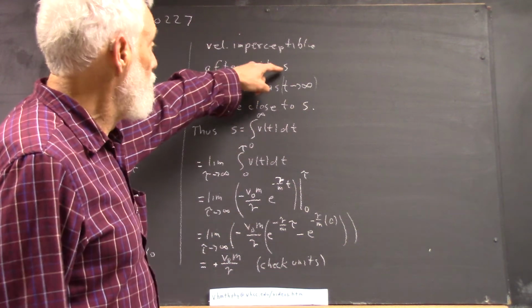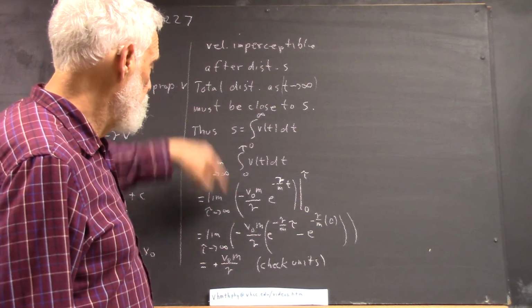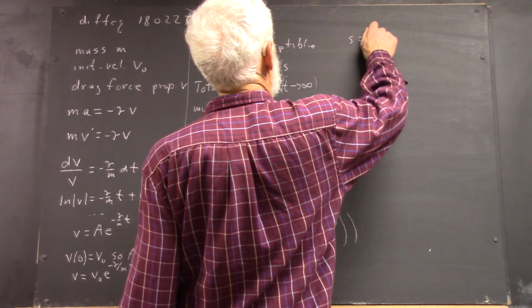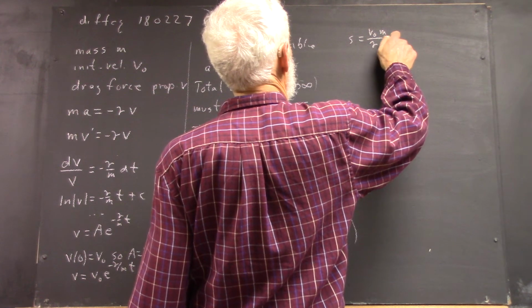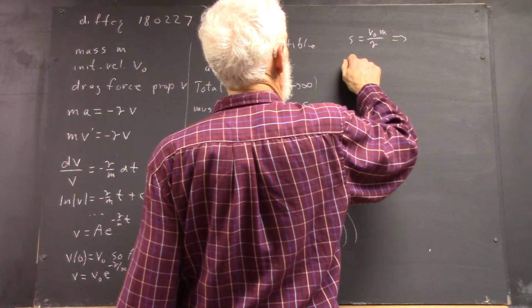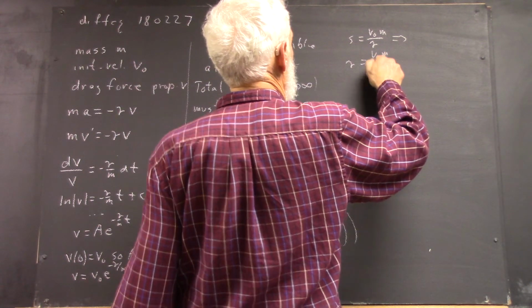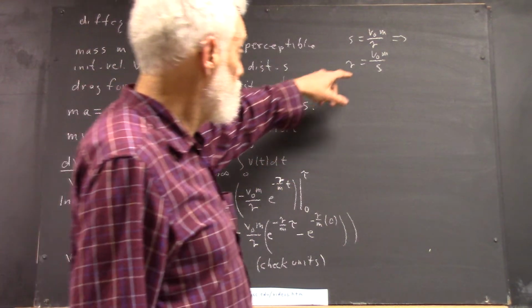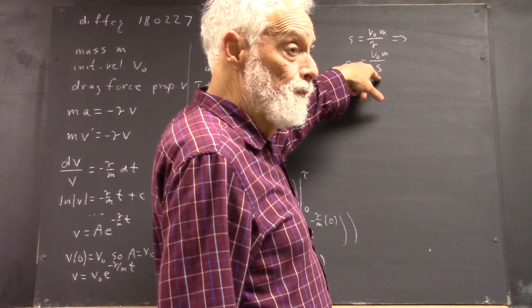In other words, if I know s, then s equals v naught m over gamma. And that implies that gamma is v naught m over s. Another way to check your units is to say, I know the units of this, this, and this, and they're all very simple.